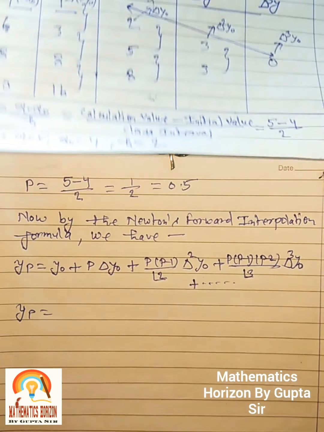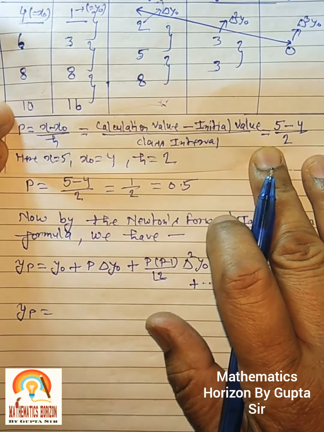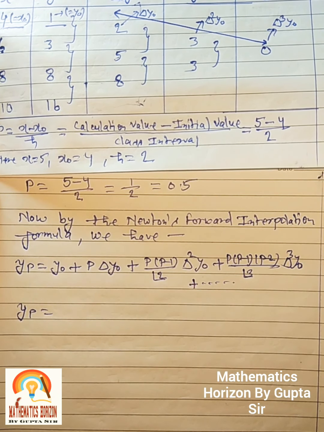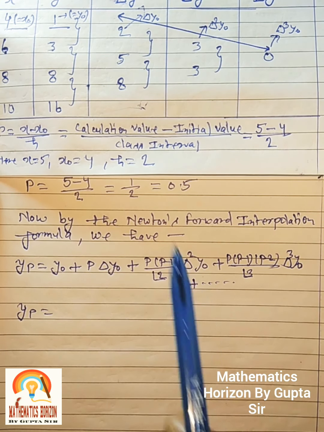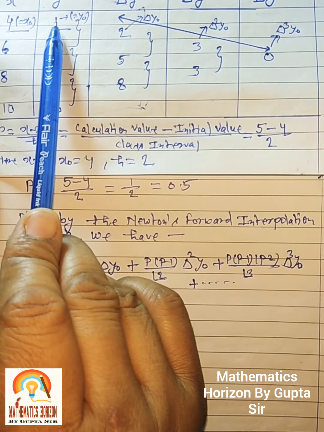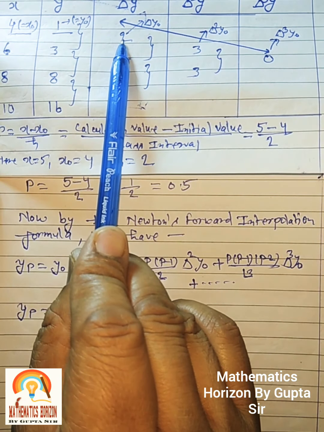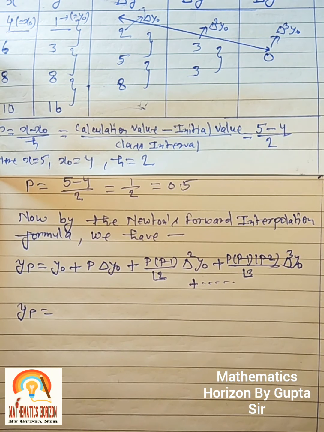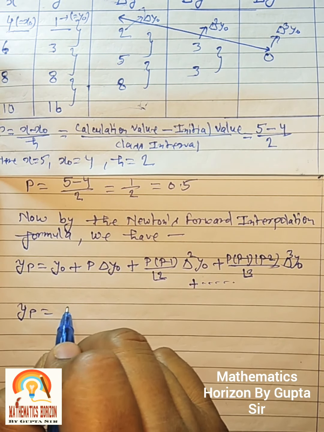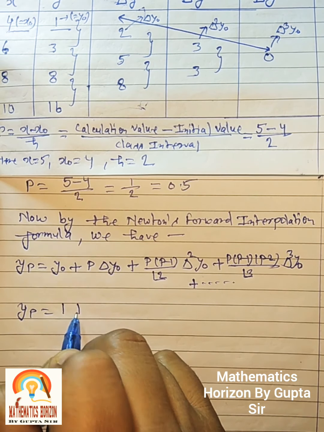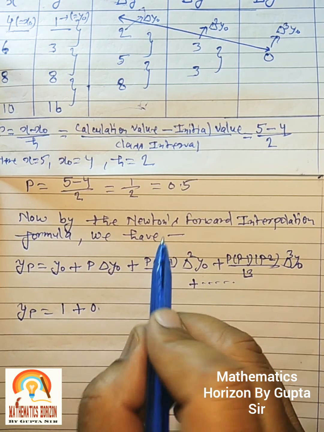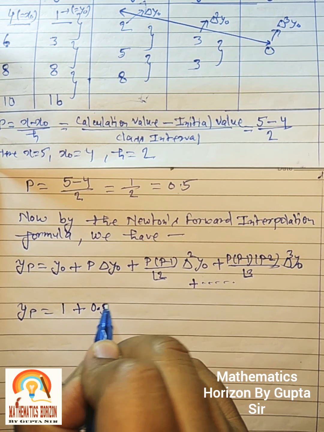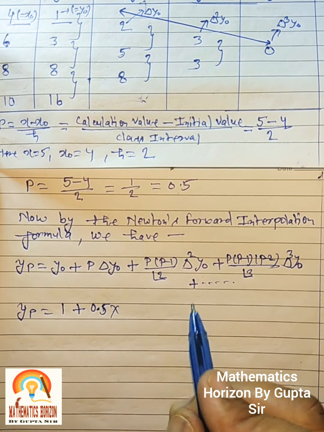What is the value of y0? Here x0 equal to 4, y0 equal to 1. This is the value of del y0, del square y0, del cube y0. Here y0 is equal to 1, plus p means 0.5 into del y0.